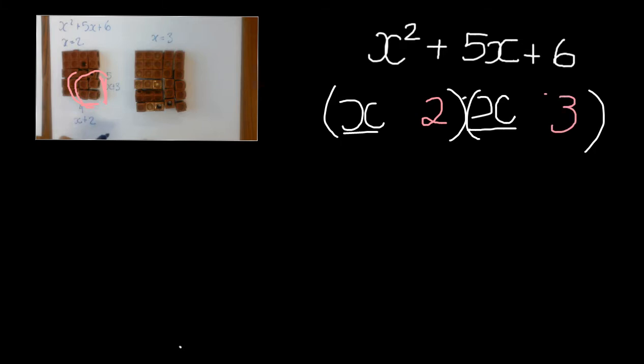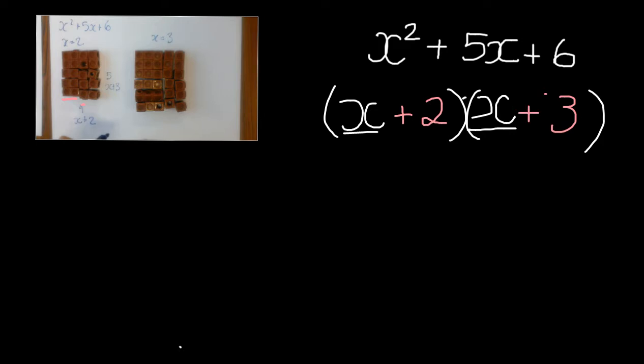Now I was adding at every point, I didn't have to take anything away, and it just so happens that 2 lots of x, which are these bits here, and then 3 lots of x will make up the rest of my expression. So I've actually done it there. There it is. There's my x plus 3 and my x plus 2.